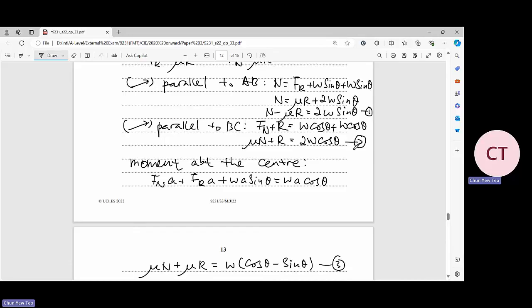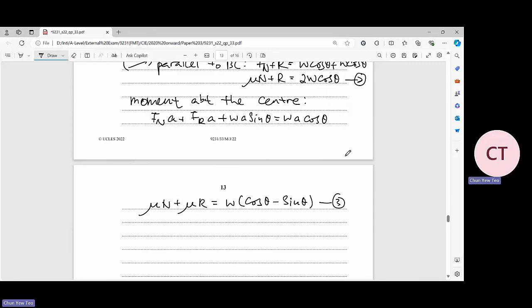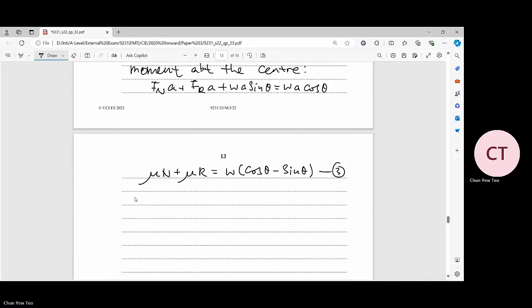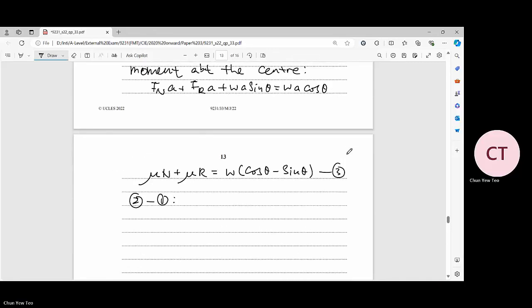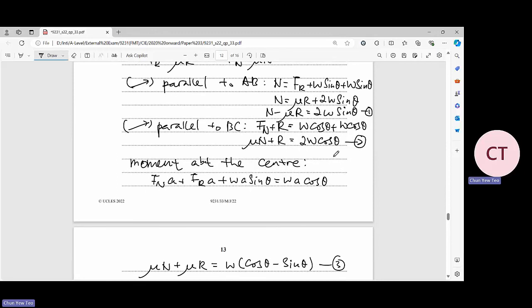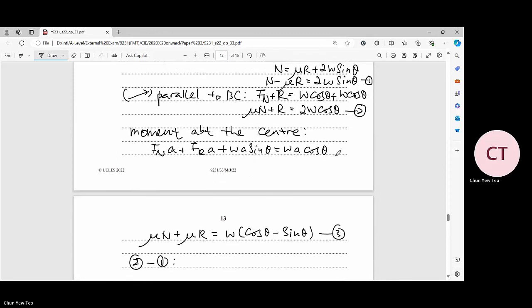Okay, so if I take number 2 minus number 1, 2 minus 1, I will get mu N plus R minus N plus mu R is equal to 2W times cos theta minus sine theta.